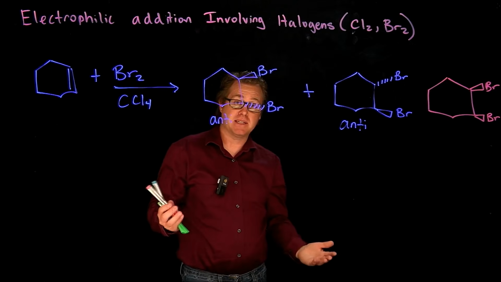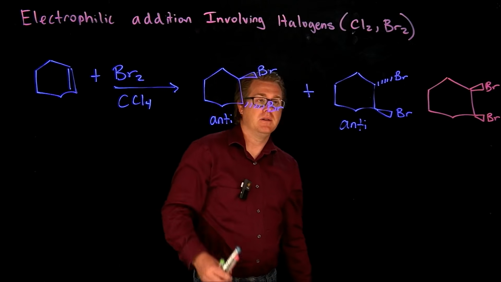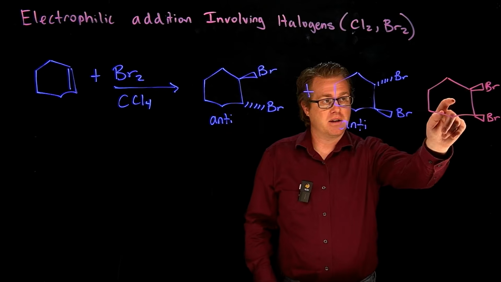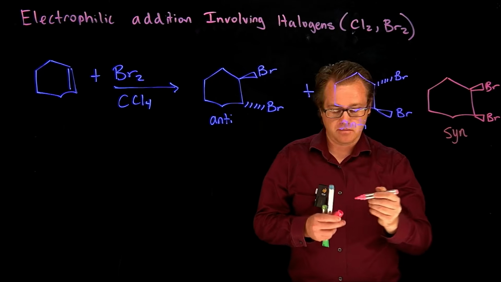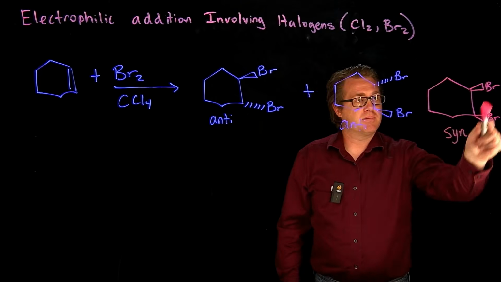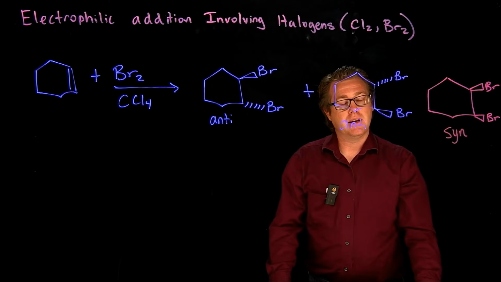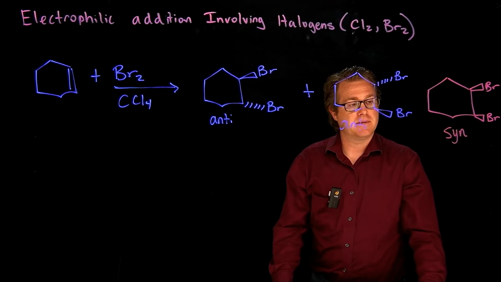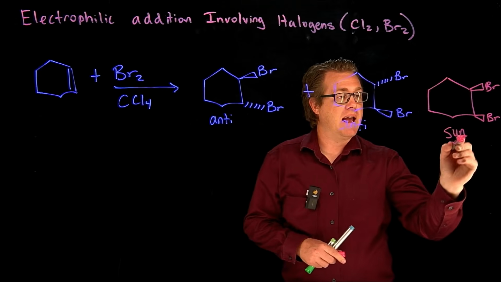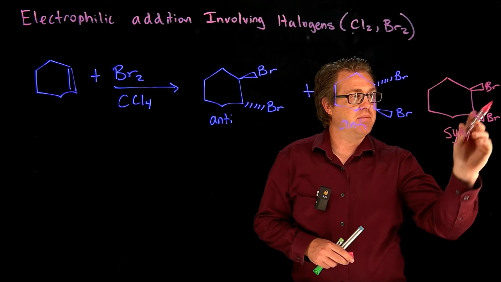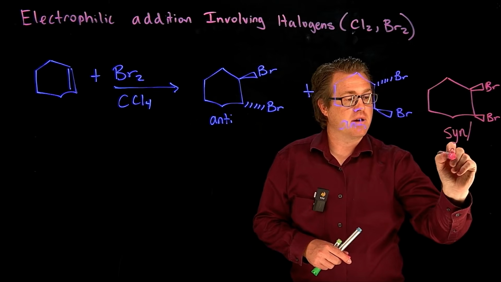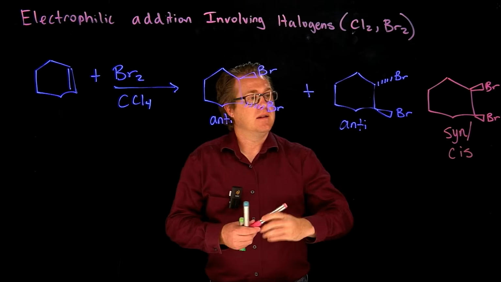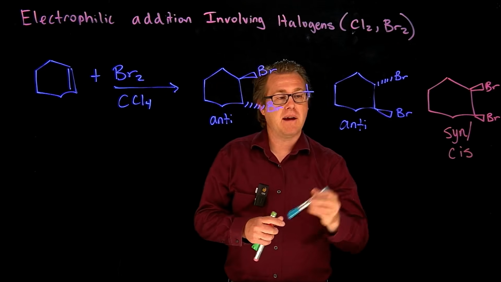They're on opposite sides of that molecule. Whereas this product right here is a syn addition, because both these bromines are attached to the same face. And so another way we could say it is that that's syn addition because those halogens are cis, and these right here are trans to one another.